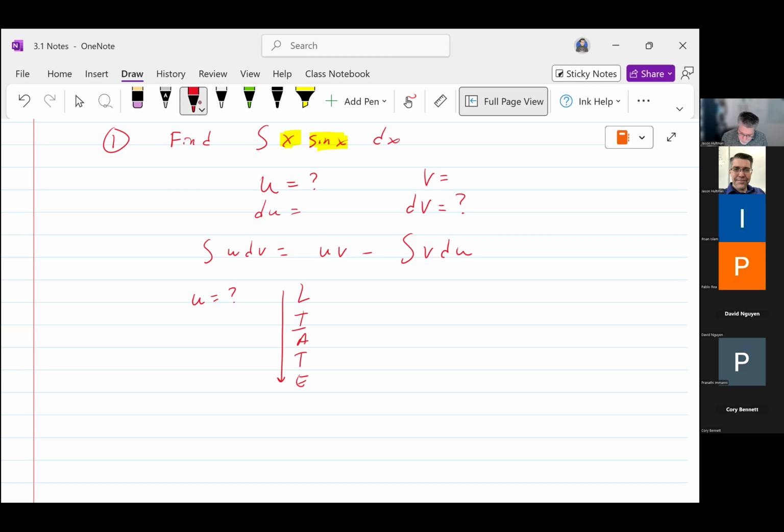The L stands for logarithmic. The I stands for inverse trigonometric. The A stands for algebraic. The T stands for trigonometric. And the E stands for exponential.